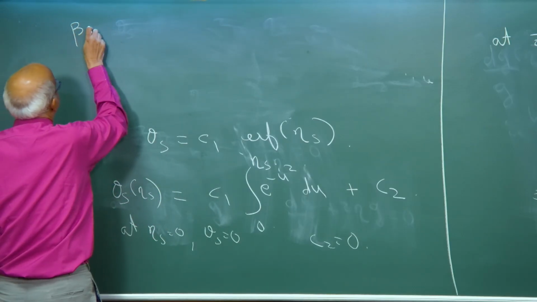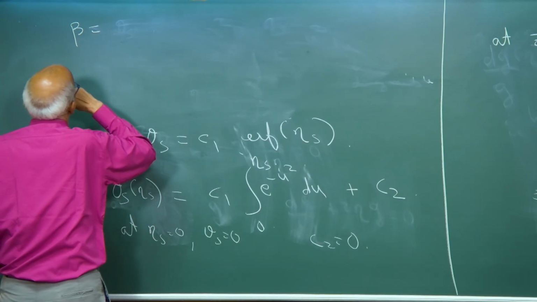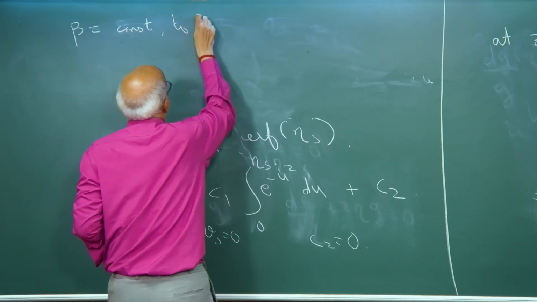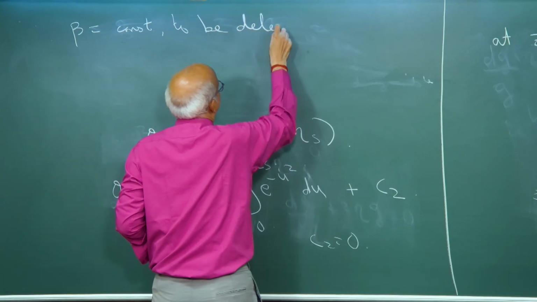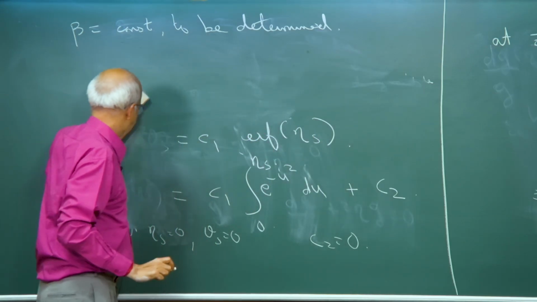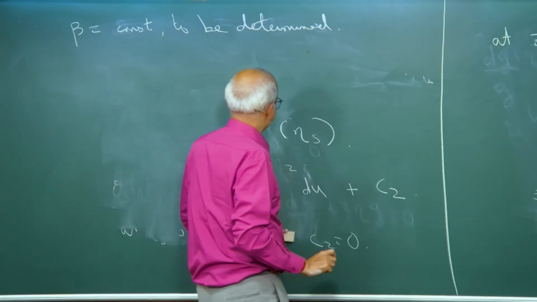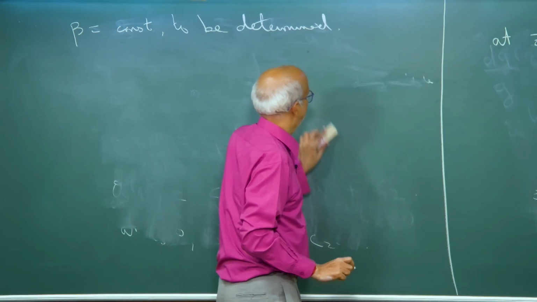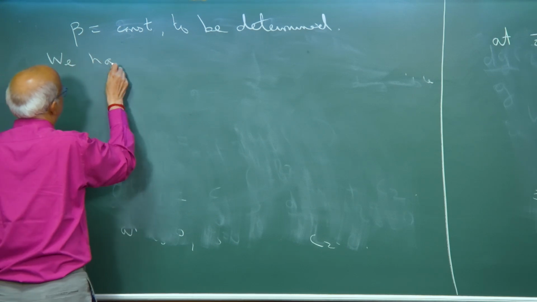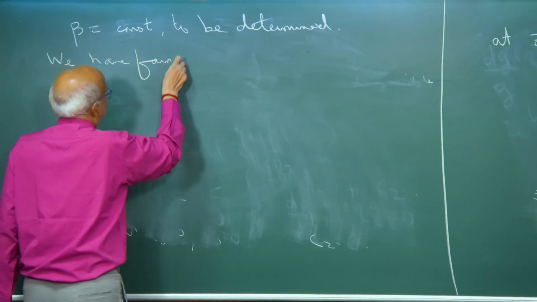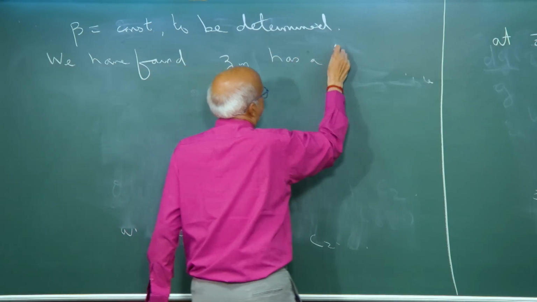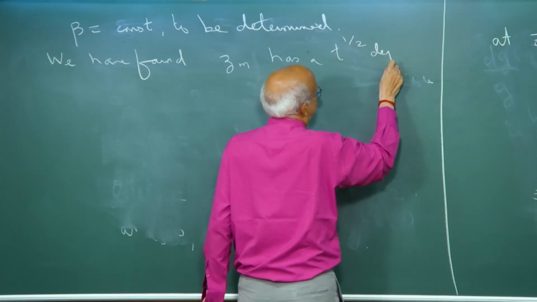So, beta is a constant to be determined. But we have found that Zm has a t to the power half dependency.